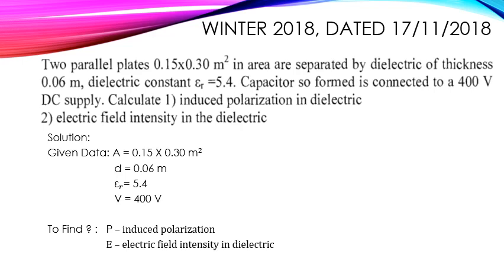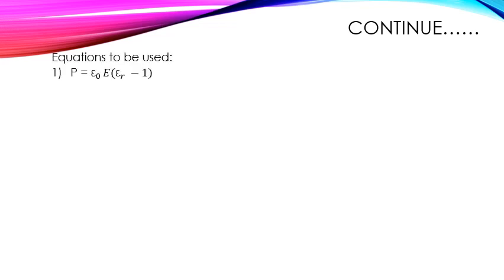Now with this given data and what to find, we can write down the equations to be used to find out polarization and electric field intensity. So the equations to be used to calculate the polarization: P is equal to epsilon naught E in bracket epsilon r minus 1, and the next equation is epsilon is equal to epsilon naught epsilon r.